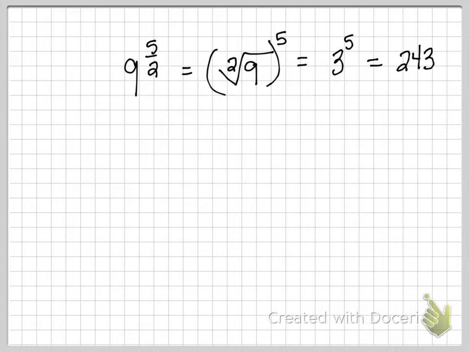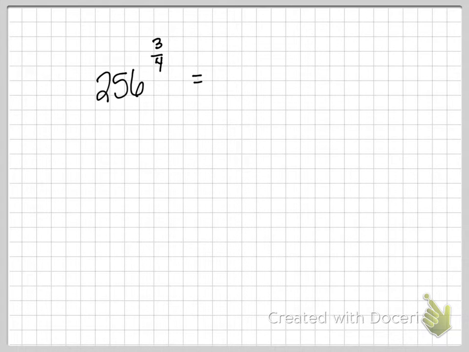Okay, you with me so far? Try this one. What does this turn into? With our radical, what would this look like? The index would be 4 and 256 is the radicand. Very good. The 4th root of 256 to the third power. What's the 4th root of 256?